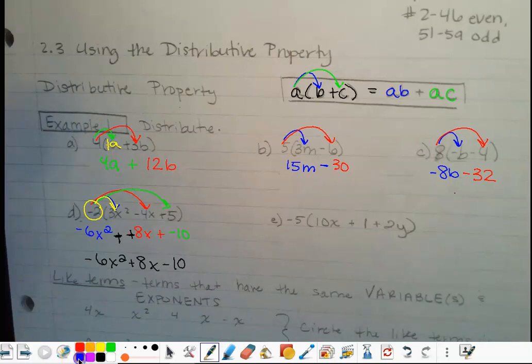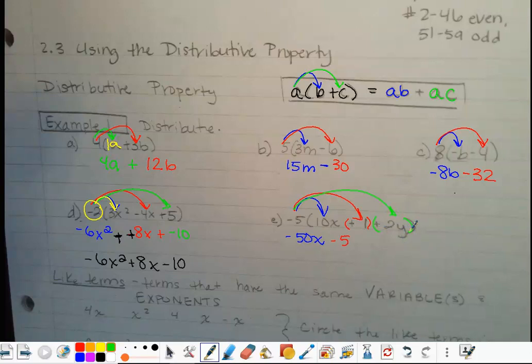All right, let's try E, pardon me. Negative 5 times 10x is going to give you negative 50x. Then negative 5 times a positive 1. We can take the positive with it if we want. That's going to give me a negative 5. And then negative 5 times a positive 2y. Again, you can take the sign in front of it.